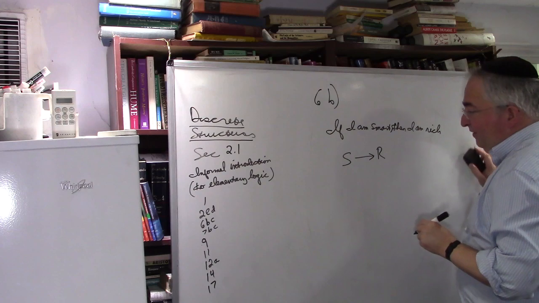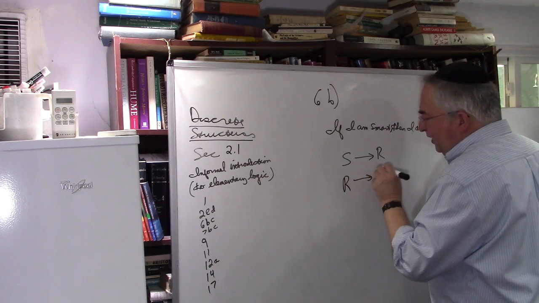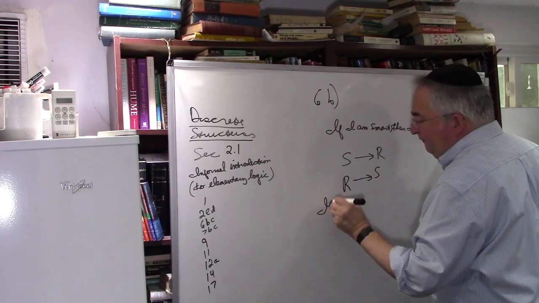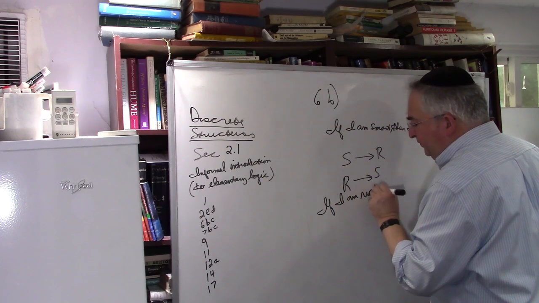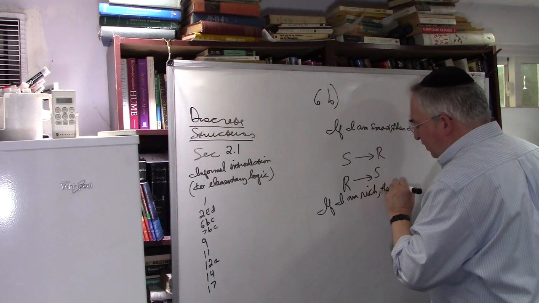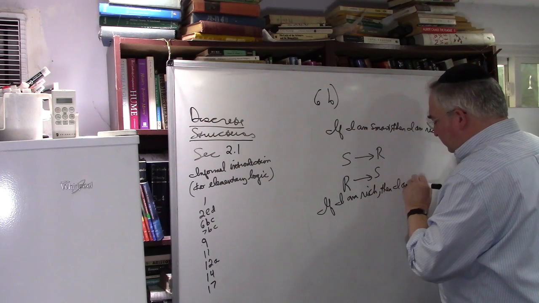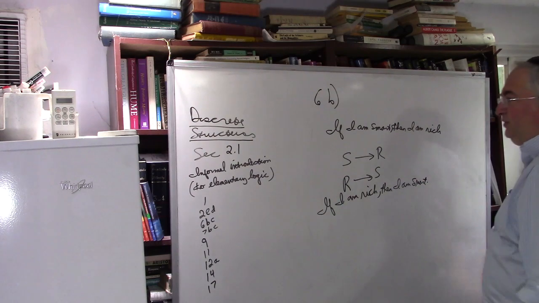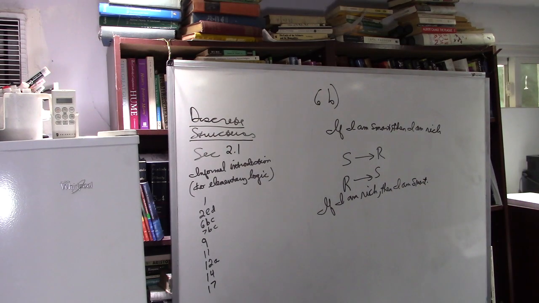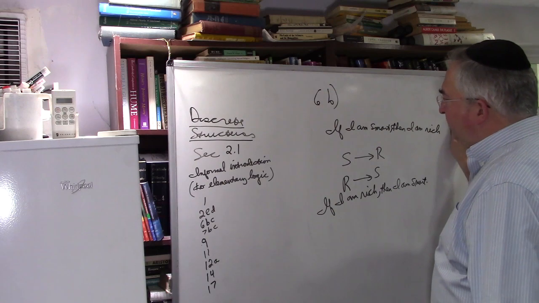The converse is R arrow S, so that's if I am rich, then I am smart. Usually both of these statements are false. Okay, next.